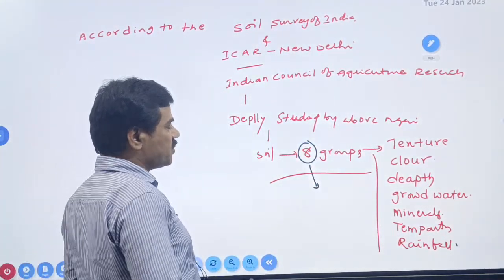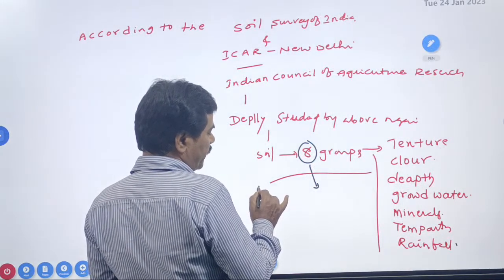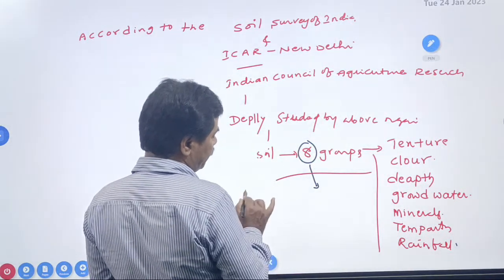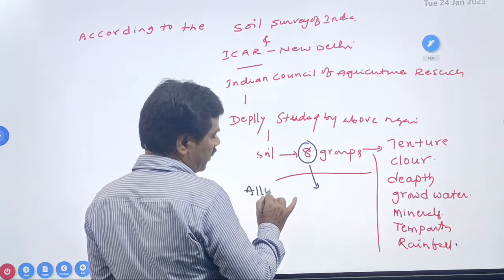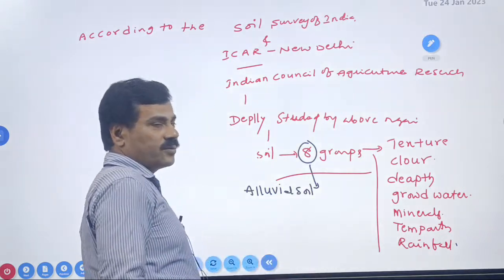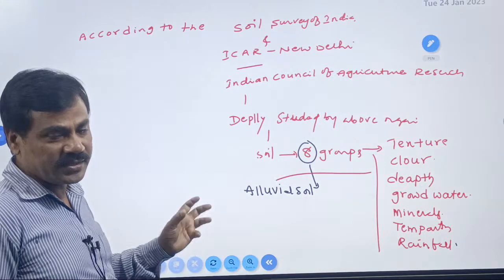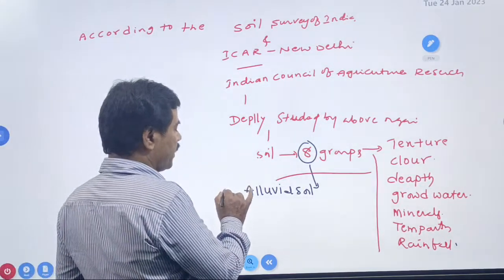The names of the soils: there are 8 groups.